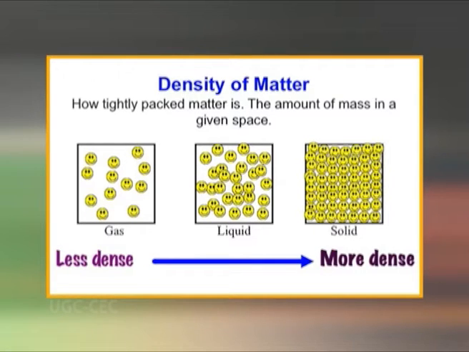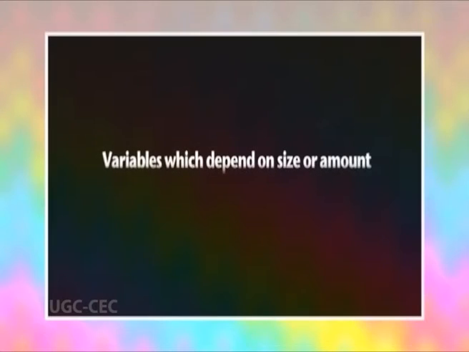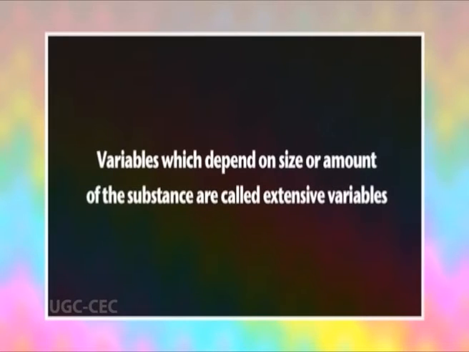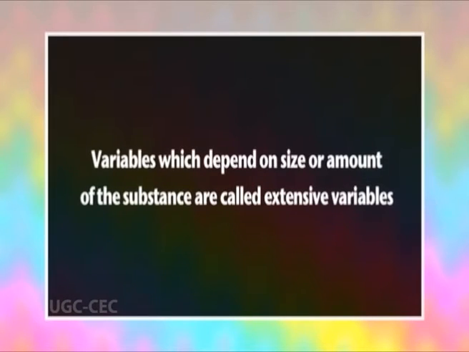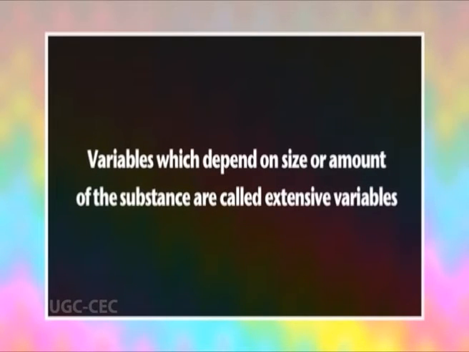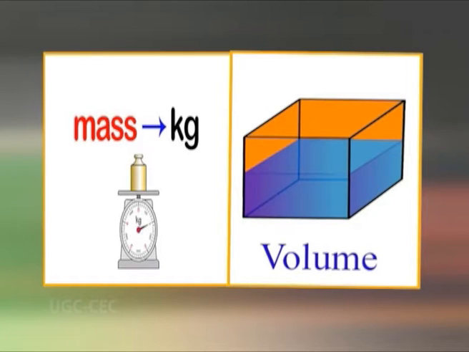Density is an intensive variable because it does not depend on the amount of that substance. The variables which depend on the size or amount of the substance are called extensive variables. It is additive for independent and non-interacting subsystems. Mass and volume are extensive variables because they directly measure the amount of substance.